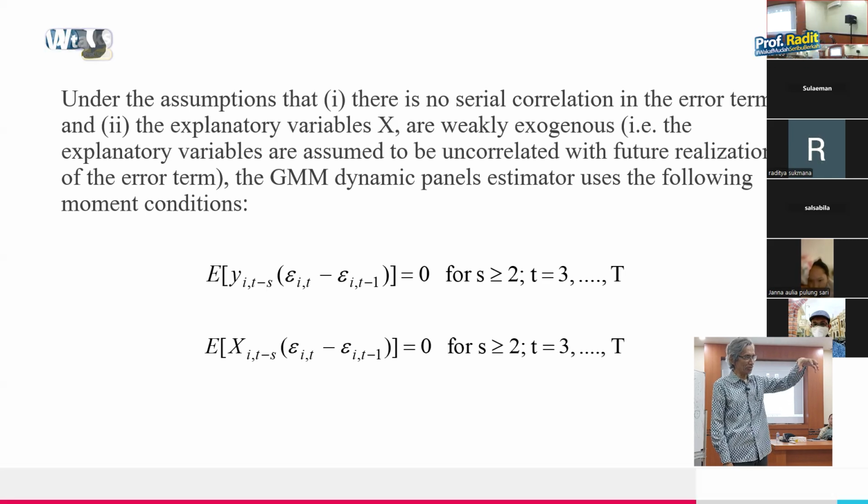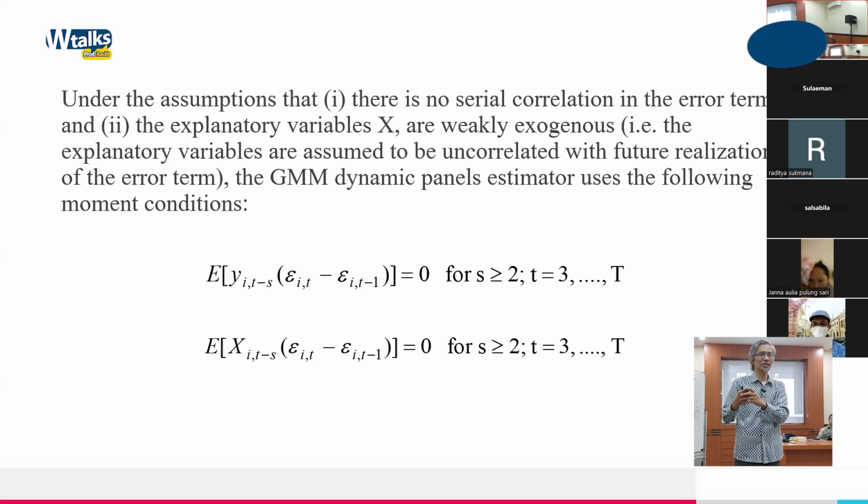The two-step GMM takes the error term from the first step and constructs the variance-covariance matrix of the error term, which means they compute the error variance sigma squared for each unit, as well as the covariance between them, and they use that in the estimation in the second step. So they incorporate heteroscedasticity in the estimation. So it becomes two-step GMM, or two-step first difference GMM.